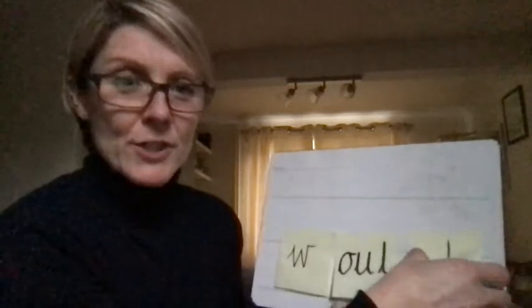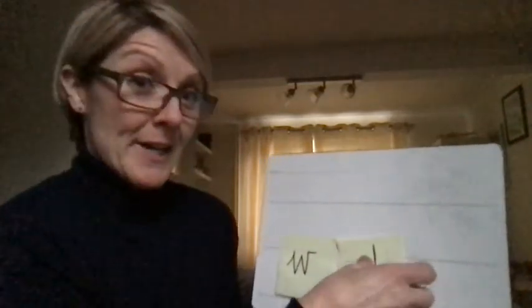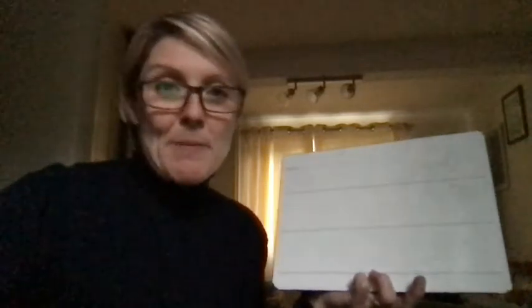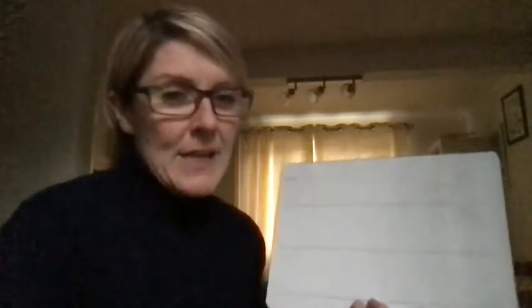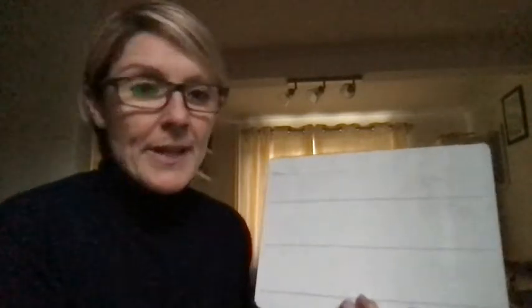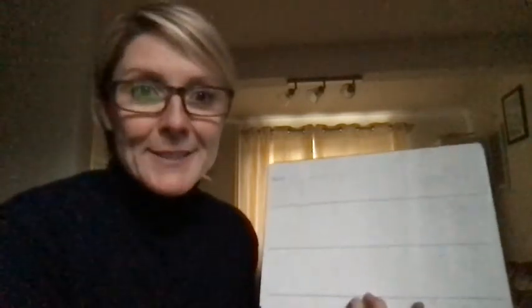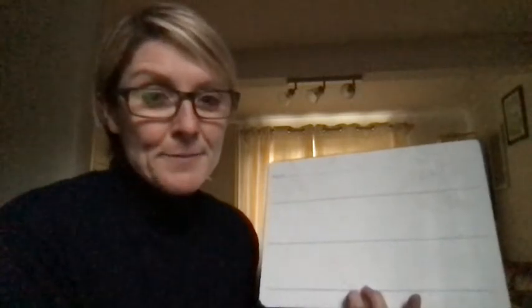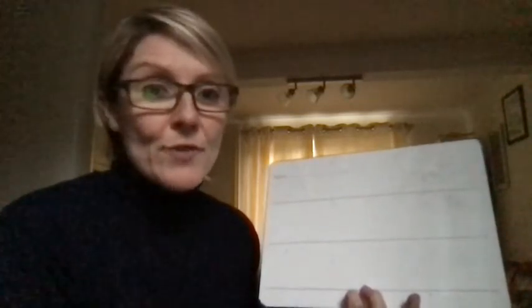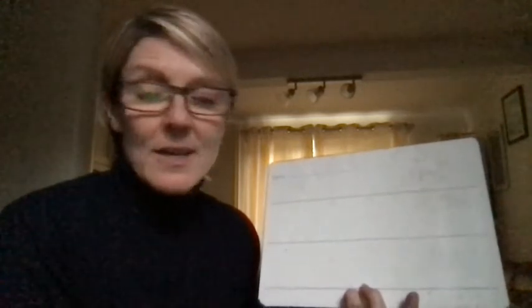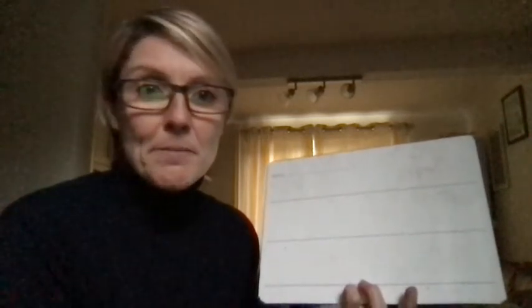Okay, what we're going to do now is I would like to write a sentence with you. So remember, when we do this, we write it one word at a time, and we're just going to write it together. Okay, so we're going to write, I would like to fill a bucket.